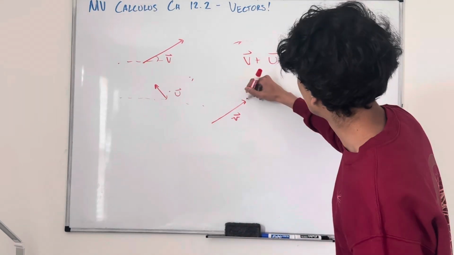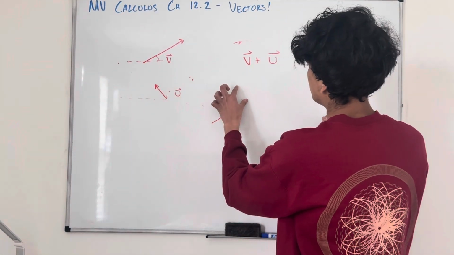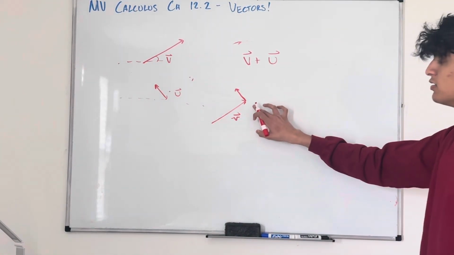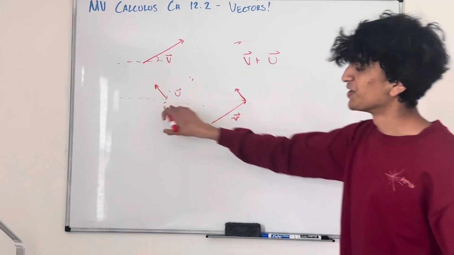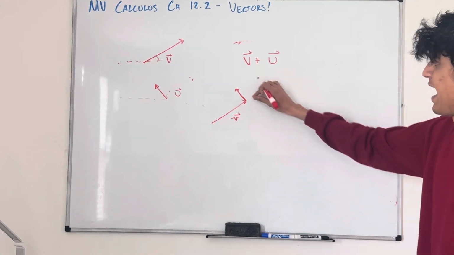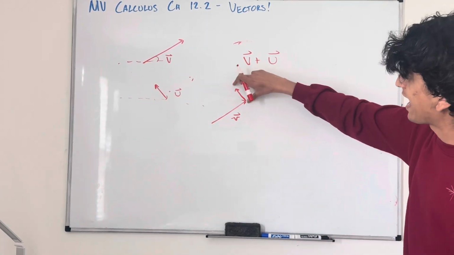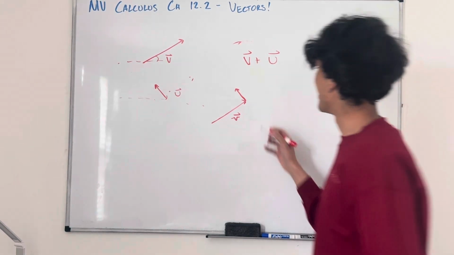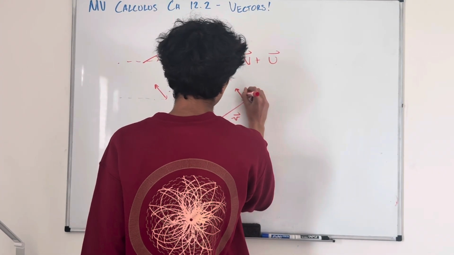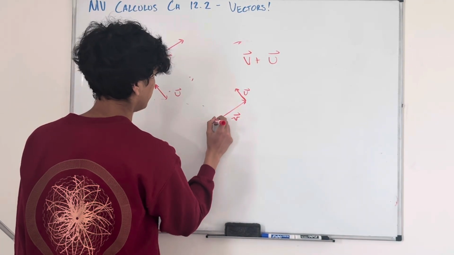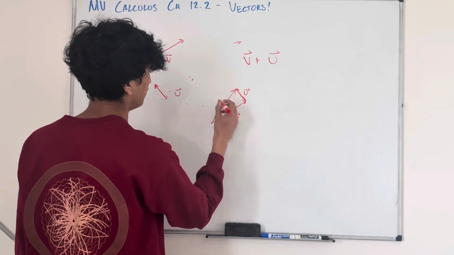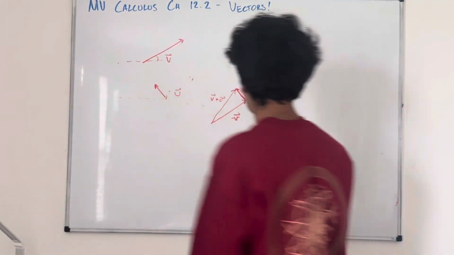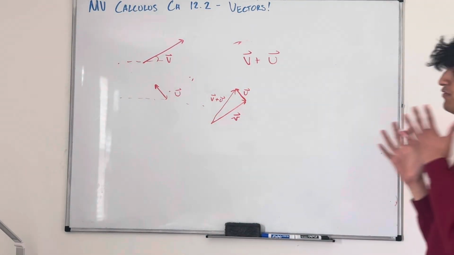I would take the tail of u, that's the end, and add it to the tip of v, and I would draw the resultant vector from the tail of v to the tip of u. Oh my god, that was a mouthful. But this is by definition how we add vectors.